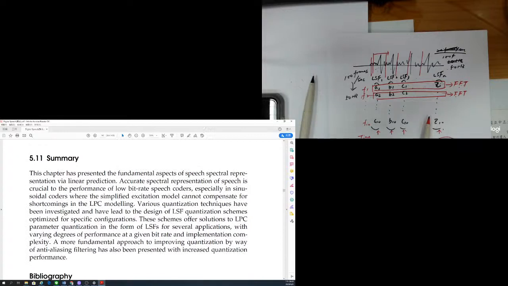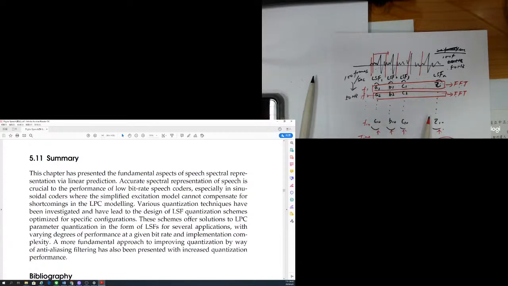Okay, so in this chapter we are talking about a lot of line spectrum pair quantization. In the beginning we talked about how the LPC coefficient is an open model, like the parameters of a polynomial equation, and the coefficients are not a solution like their poles.